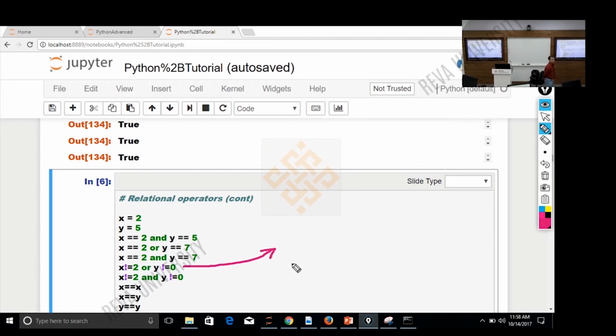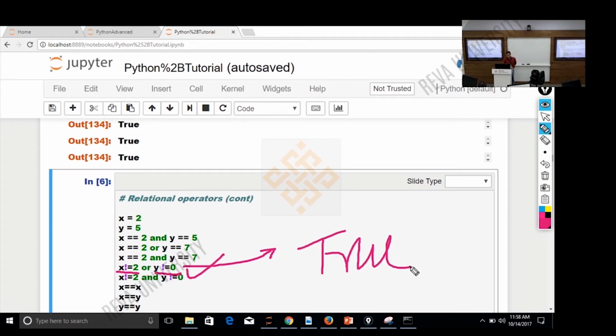Now the next one: X is not equal to 2 or Y is not equal to 0. What do you think is going to be the answer for this? Yes, the correct answer is true on this one. X is not equal to 2, that condition is not met, but Y is not equal to 0, that condition is met, so the answer is going to be true.